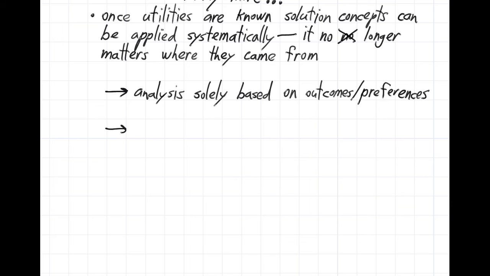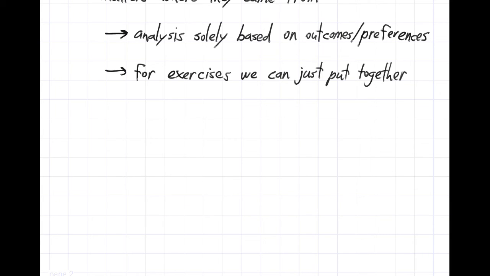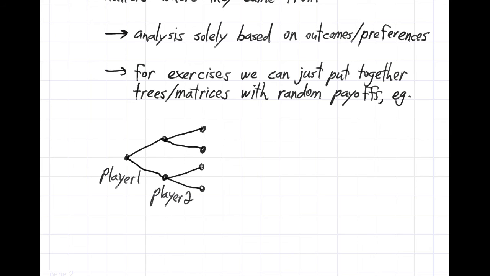Another consequence of that, which is handy, is that when we're doing exercises, we can just put together trees or matrices with random payoffs. So, for example, we could put together a tree, say this is player 1, this is player 2, and when we look at the outcomes, it could be completely random.